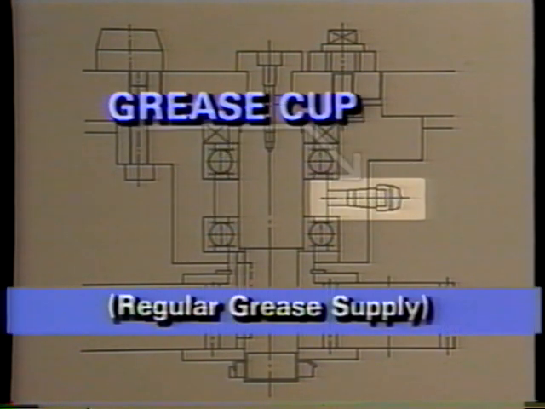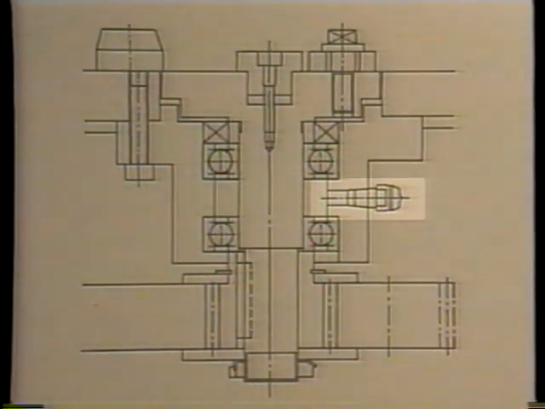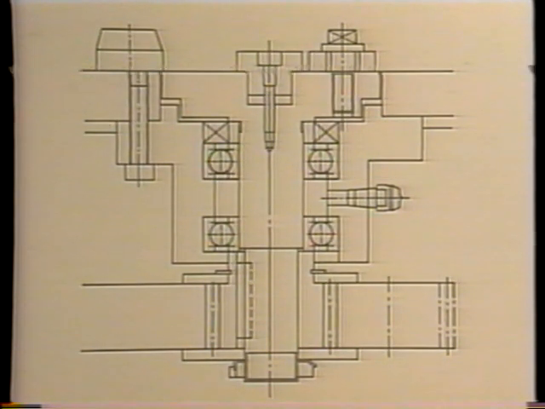By also installing a grease cup, you can ensure a regular supply of the necessary amount of grease to the bearings. These improvements to the equipment have a considerable effect in avoiding aggravated deterioration. As a result, the equipment will stop having sudden breakdowns and can be maintained in a stable condition.